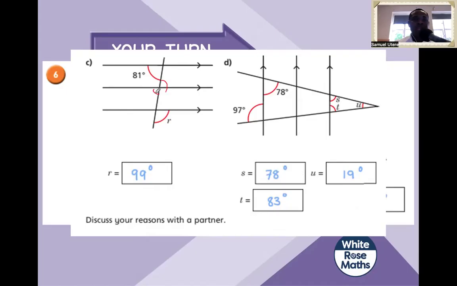Now, if this is 81 degrees, that has to be 180 degrees minus 81 degrees. So to get this angle here, we'll do 180 degrees minus 81 degrees. That gives us 99 degrees. And of course, you can see that these are corresponding angles, so R should be 99 degrees.